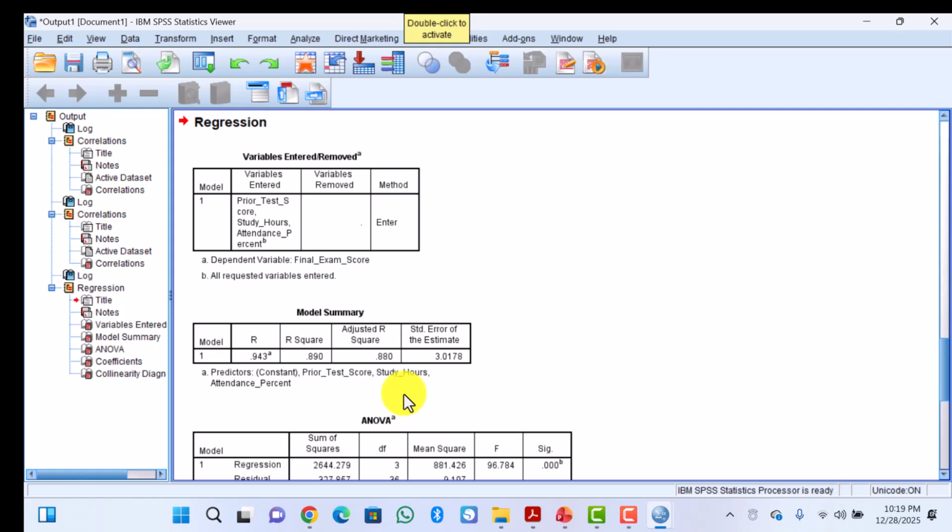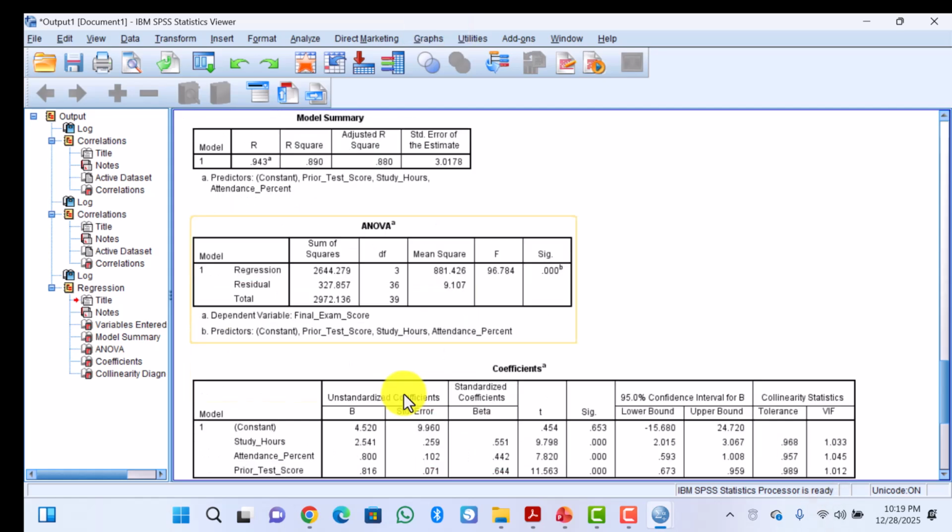The first thing to check, to see whether our model is fit, is this ANOVA table. If you have an SPSS result output for multiple regression, the first thing you check is this ANOVA table. And if it is significant, it means your model is fit. The next thing to look at is this big R. You can see this big R is positive and the value is 0.943.